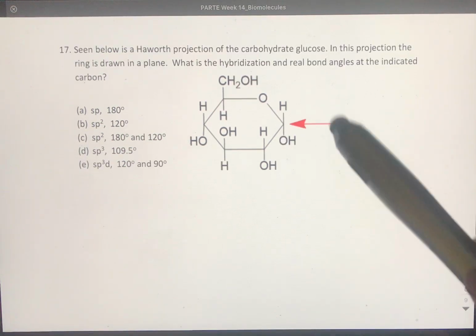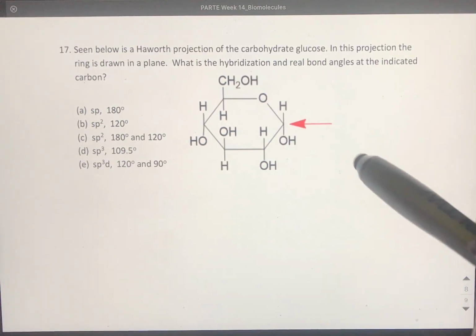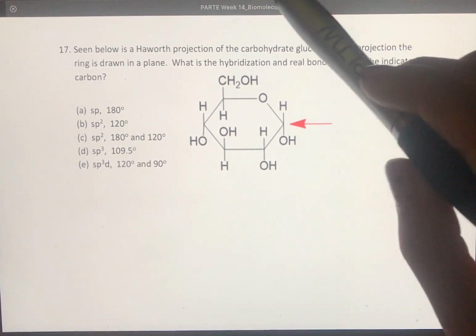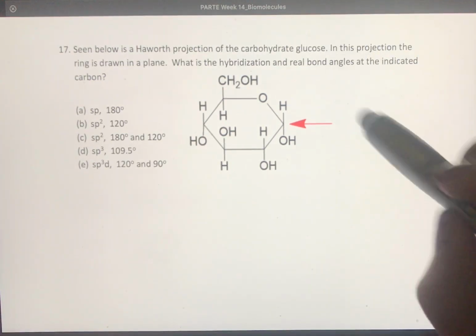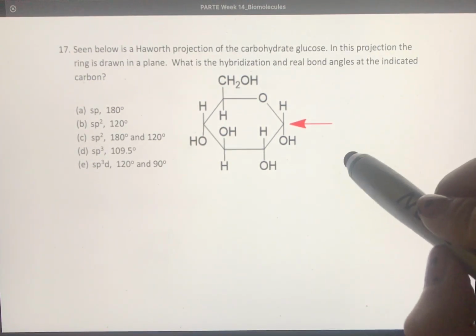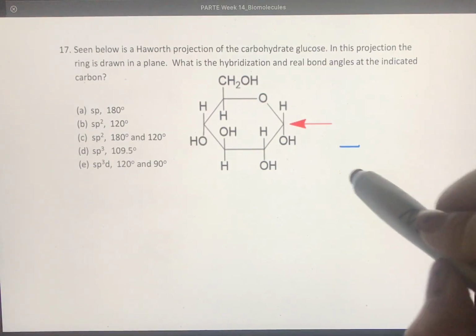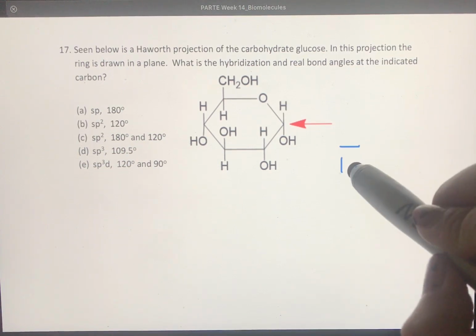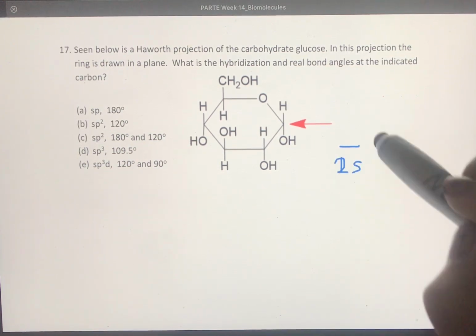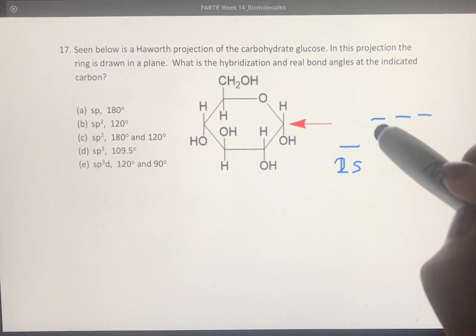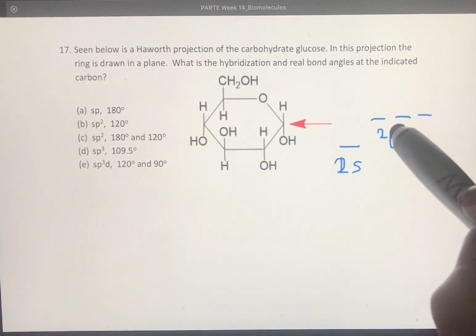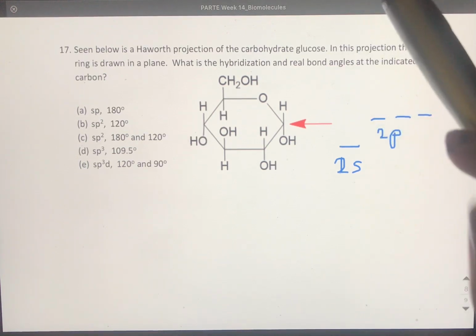So this carbon doesn't have any double bonds. So normally a double bond, we take away some p character. So with our orbitals, you have the 2s, and then you have the 2p up here, which has 3 orbitals, 3 locations that we can put electrons in.